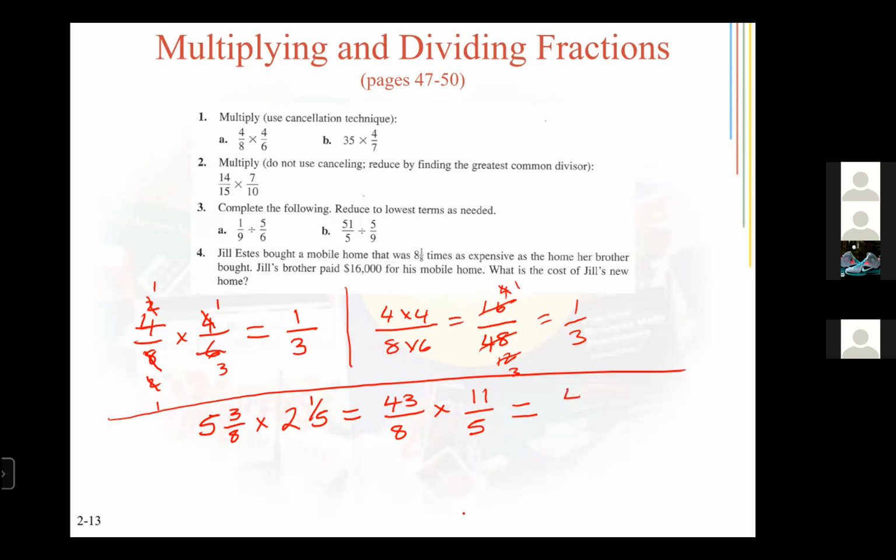Okay. 473. And then 5 8s are 40. Okay, so you simplify that. 40 into 47 goes one time. Remainder 7.